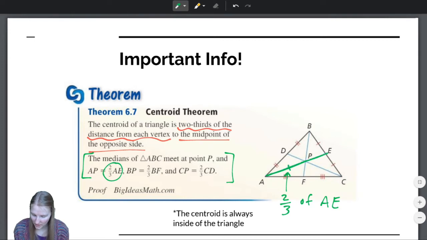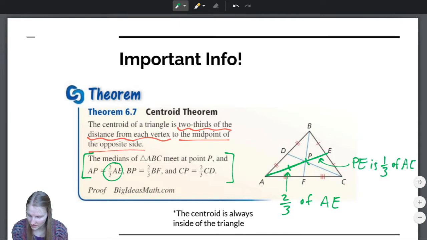You can think of it as being in 3 pieces. 2 of those pieces are in between the centroid and the vertex. The third piece is from the centroid to the midpoint. So PE is 1/3 of AE, and AP is 2/3 of AE. And this is true for every single median.